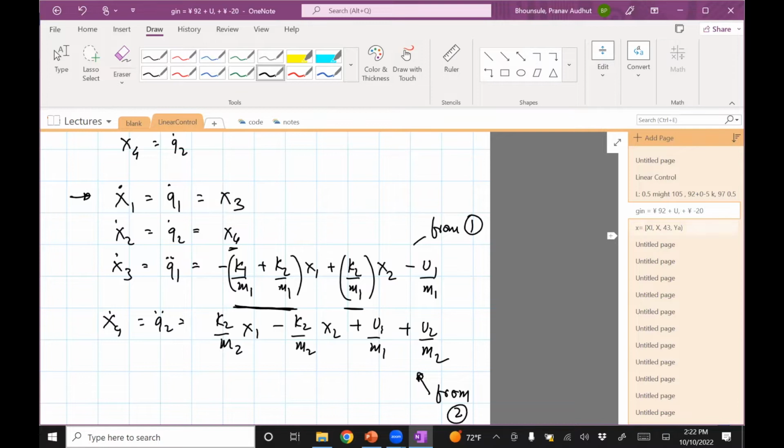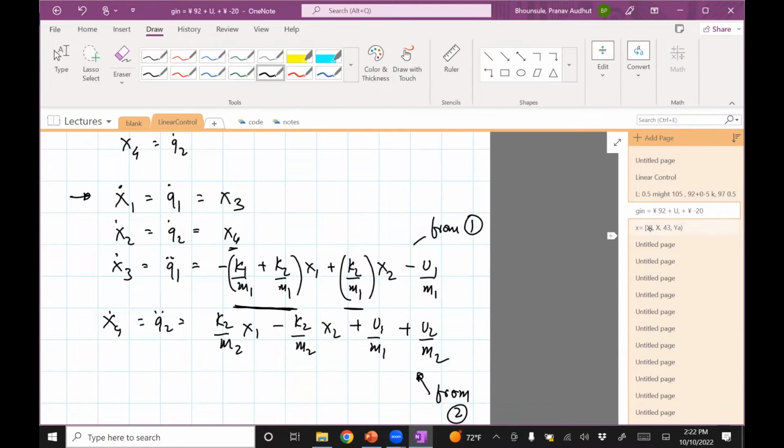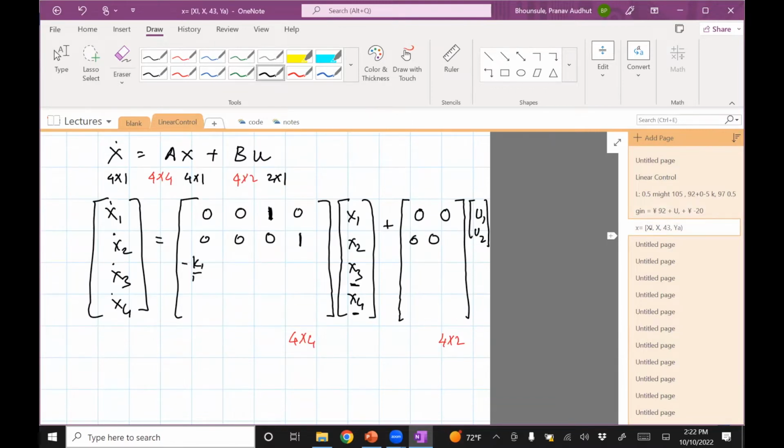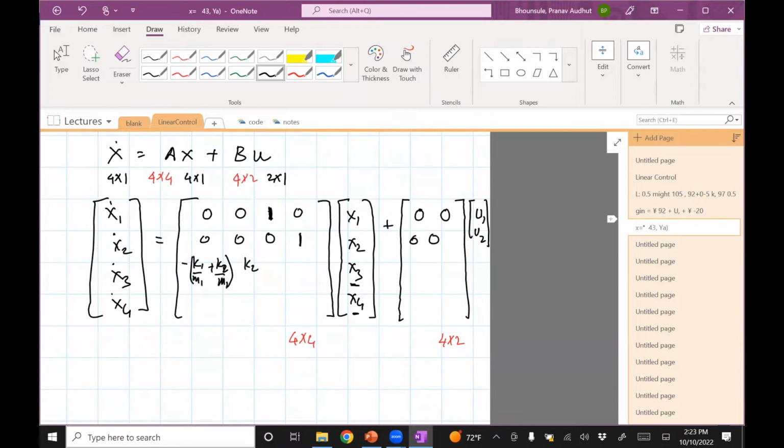So what we do here is we write that over here, first part, k1 divided by m1 plus k2 divided by m1, k2 divided by m1, and then 0, 0, because when zeros are multiplied with x3 and x4, we get contributions of those to be 0.